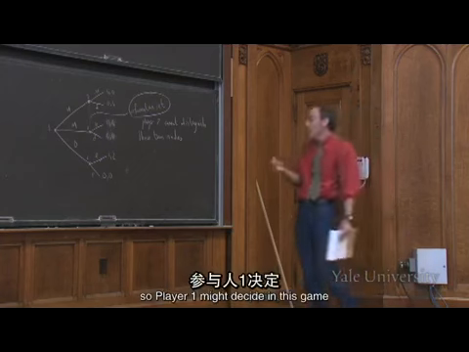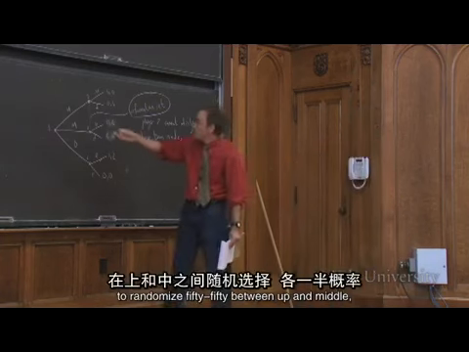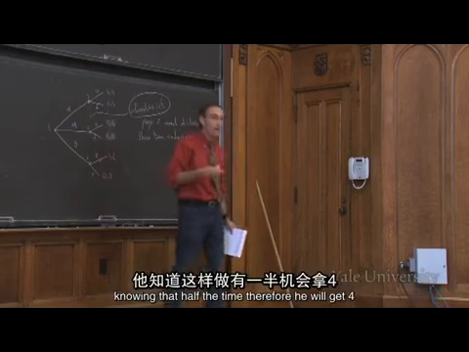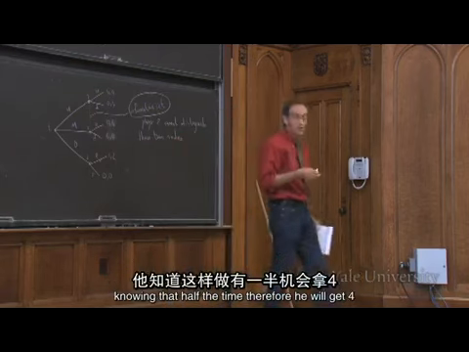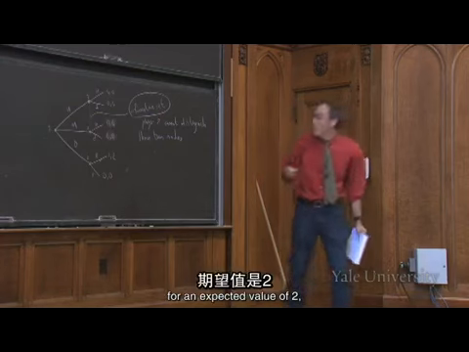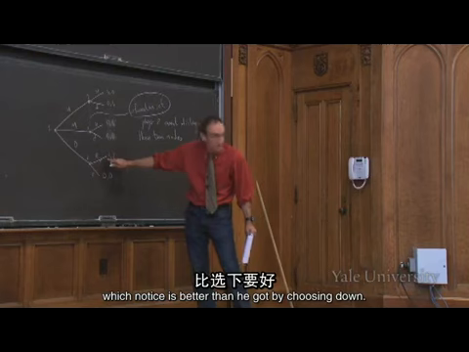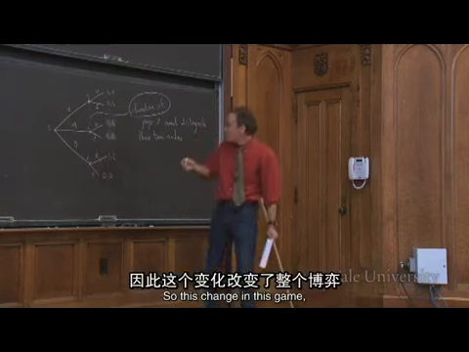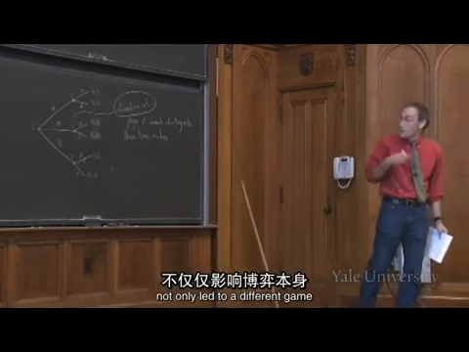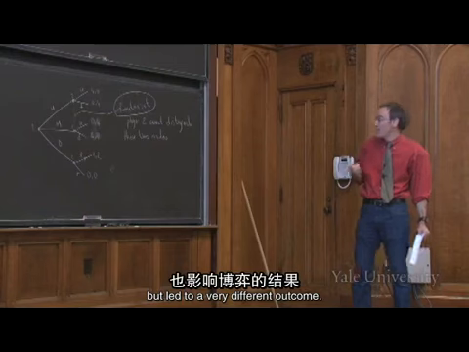Said again, player 1 might decide in this game to randomize 50-50 between up and middle, knowing that half the time he will get 4, and half the time he'll get 0, for an expected value of 2, which notice is better than he got by choosing down. So changing the information in this game not only led to a different game, it led to a very different outcome.